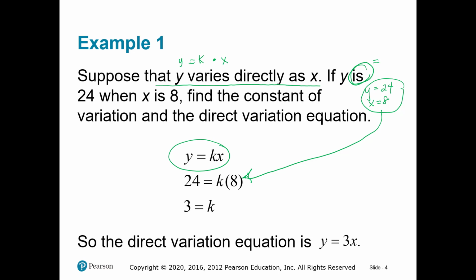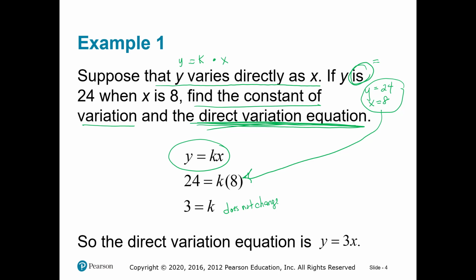Well, I can take these values and I can plug them into our equation, can't I? When I do that, I am able to find the constant of variation. There it is. K is equal to 3. Once I have that, I can actually find the direct variation equation. Remember, the K does not change for the entire problem.